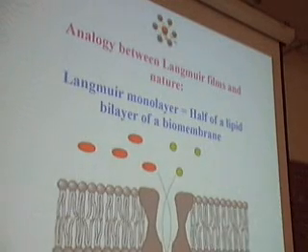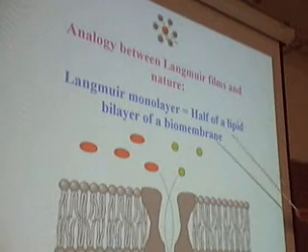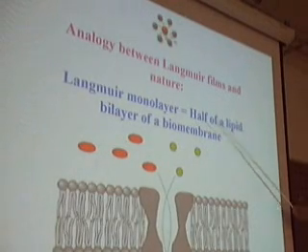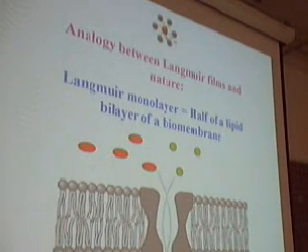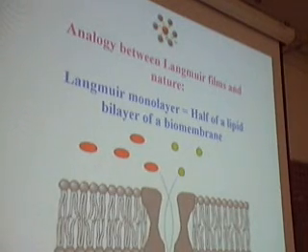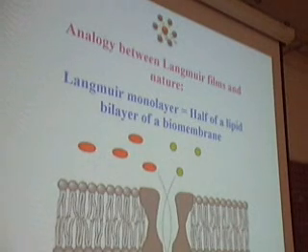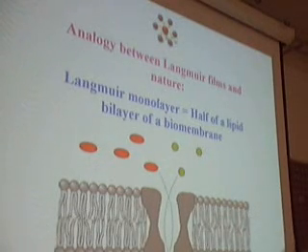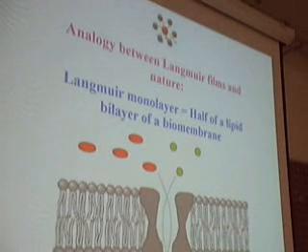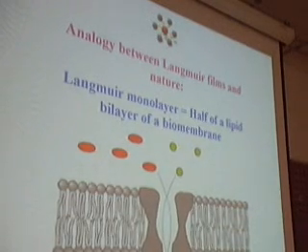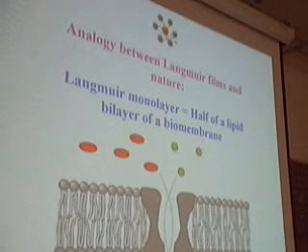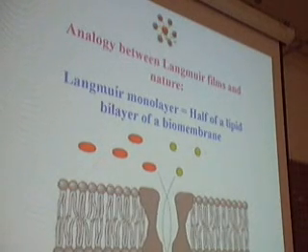The analogy between these Langmuir films and nature is that our monolayer is half of the lipid bilayer of a biomembrane. That's what it looks like normally. So, for example, phenomena like transport through this kind of films can be studied. Even if we have only half of the structure, we can still use this system as a model to study biomembranes.